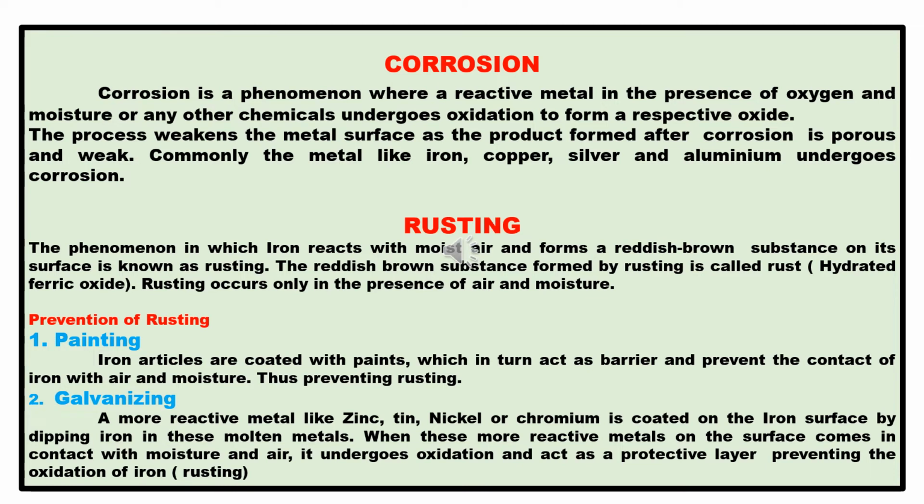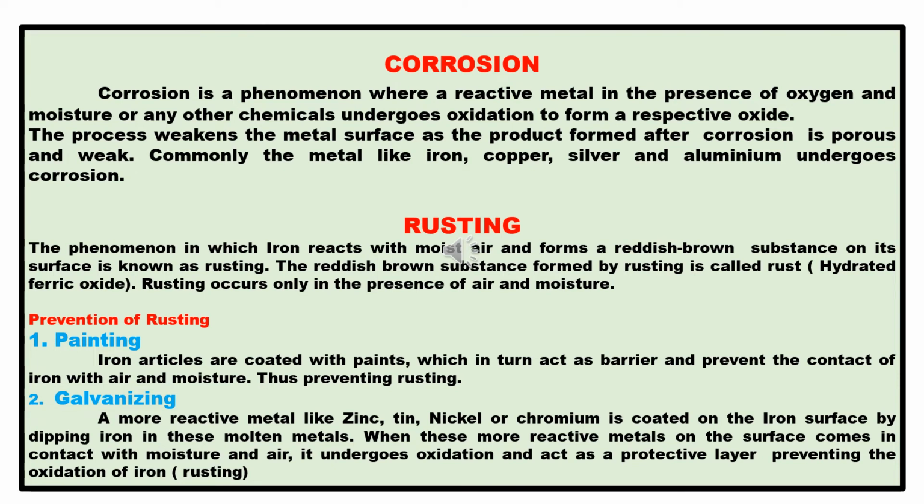So corrosion is a phenomenon where a reactive metal in the presence of oxygen or moisture or any chemicals undergoes oxidation to form its oxide. And the formation of oxide on its surface makes the metal porous and weak. This process is known as corrosion.